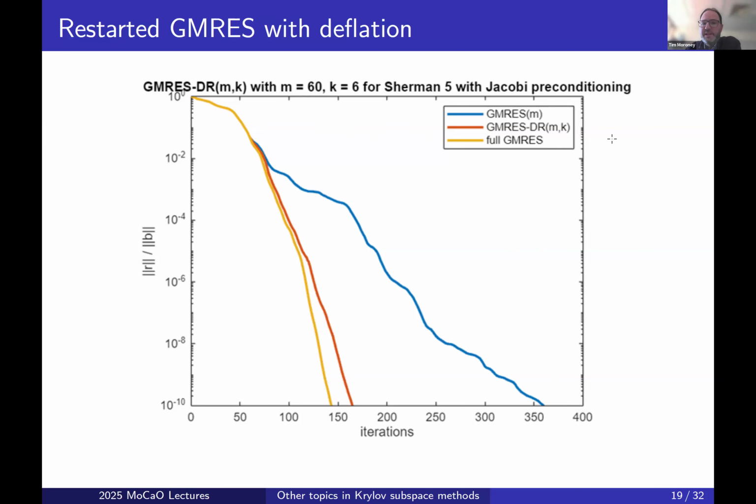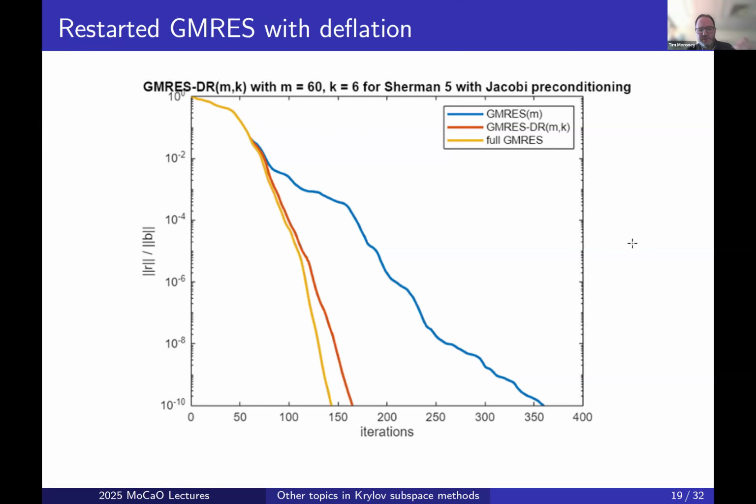But you can accelerate this yourself by actually pulling out some of those Ritz vectors and sticking them at the front. In this case, that convergence looks competitive with full GMRES. Even though this is restarting every 60 cycles, just augmenting that space with 6 of the harmonic Ritz vectors has done a fantastic job at bringing this residual down, comparable to full GMRES.